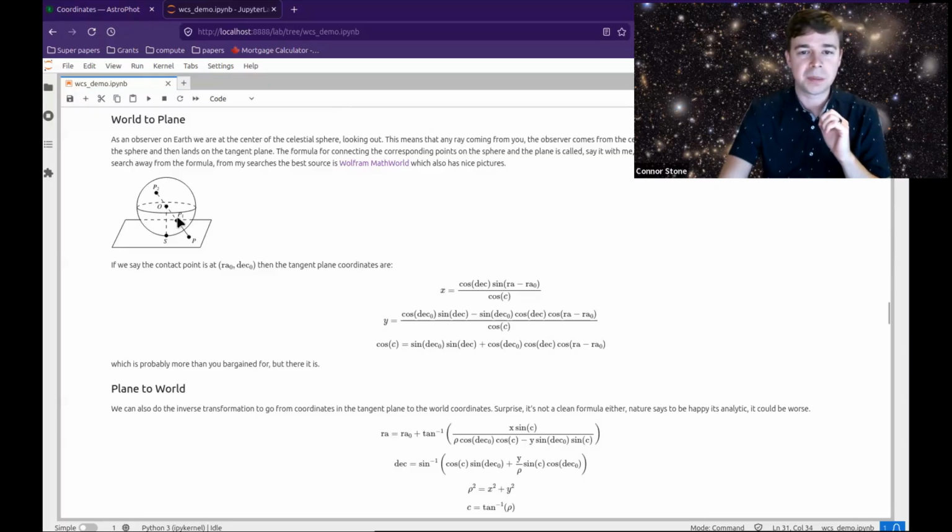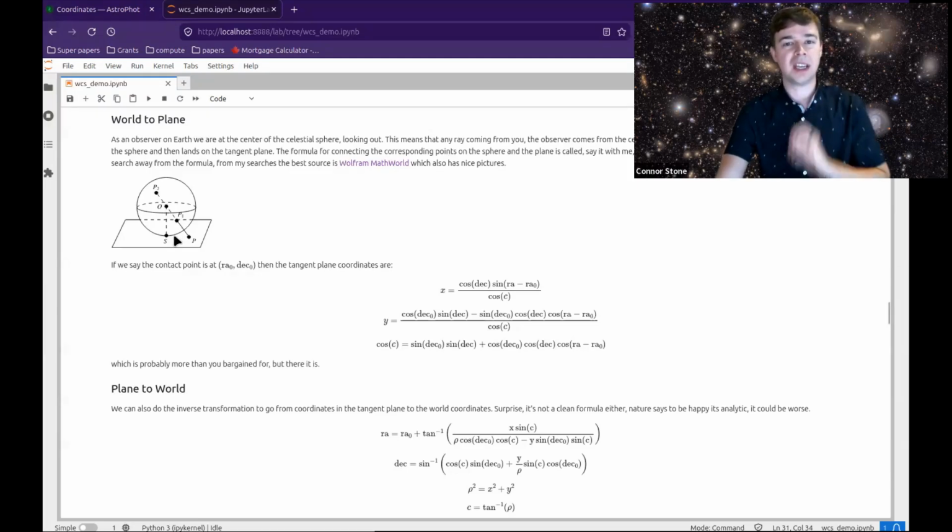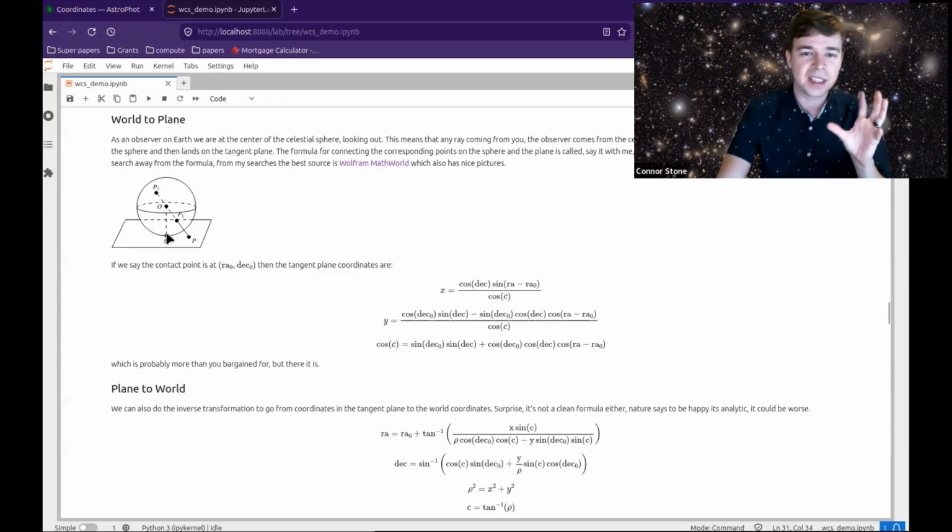You have some point P1 on the world coordinate system, and you want to figure out where that corresponds to on the tangent plane. You just draw a line through the origin, the observer, through P1, and it lands at this point P, which is on the tangent plane. Point S is like the CRVAL. That's actually the contact point for the tangent plane onto the celestial sphere.